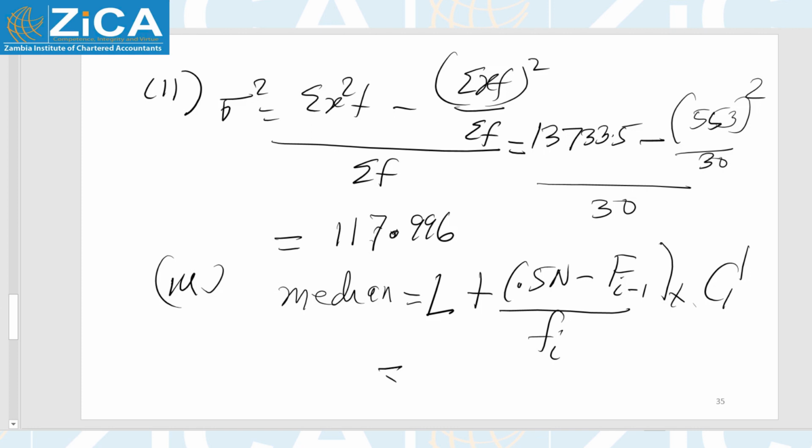So the lower class boundary L will be 15, plus the position of the median, 15, minus the cumulative frequency below the median class interval, 11, times the class width, which is 20 minus 15, which gives us 5, over the frequency in the median class interval, which is 15. If you simplify that, the median will just be equal to 16.333.